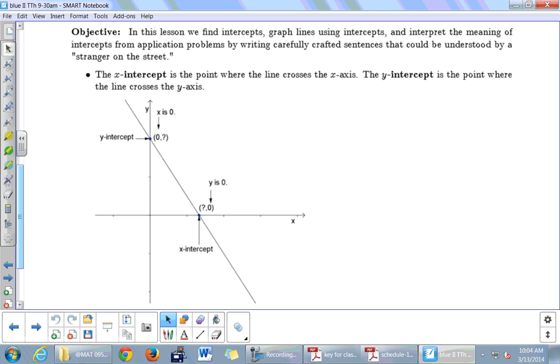Okay, so here are two definitions of words that you may or may not have heard before. X-intercept is the point where the line crosses the x-axis. So the x-intercept is where we hit the x-axis, and it is right here in this picture. X-intercept is where we hit the x-axis.